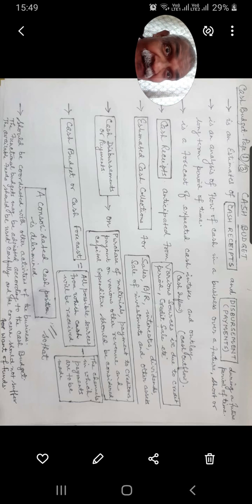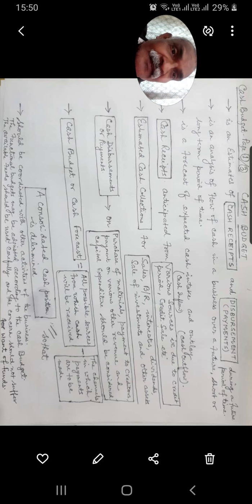Because cash inflow 100, suppose cash payment is 80, then cash position is how much? 20. So you have the idea that in this particular month or year you have a surplus cash at hand, that is closing cash balance.